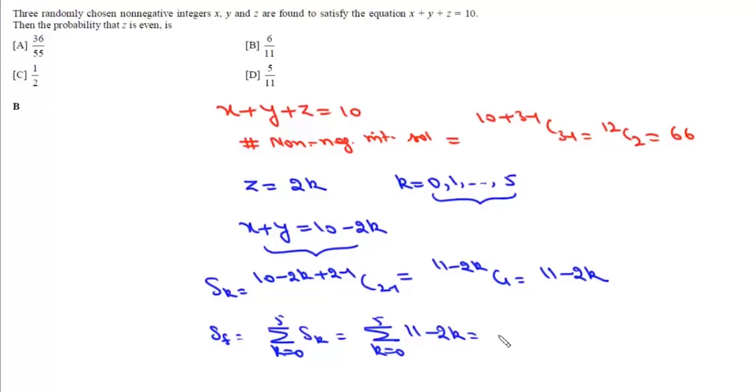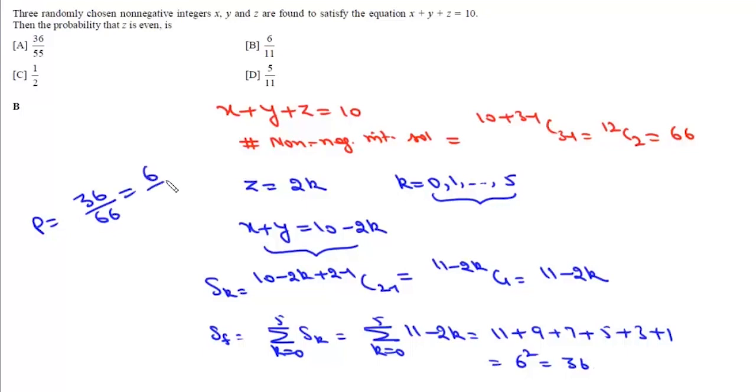Now this is 11 plus 9 plus 7 plus 5 plus 3 plus 1, which is the sum of the first 6 odd natural numbers, and the sum of the first 6 odd natural numbers is simply 6 square, which is 36. So the required probability will be 36 divided by 66, which is 6 by 11, option B.